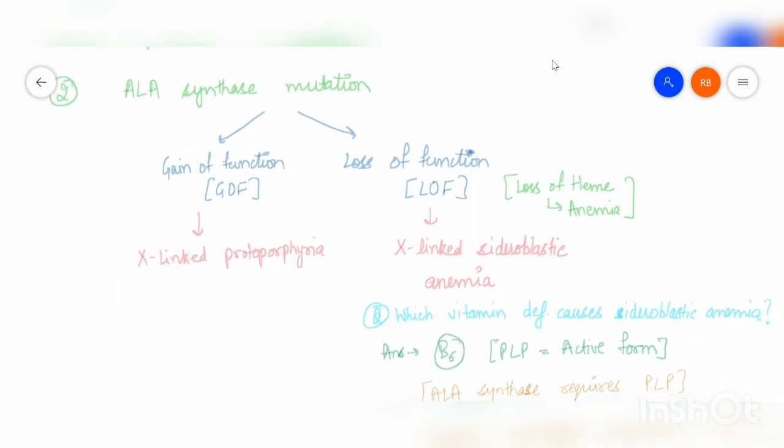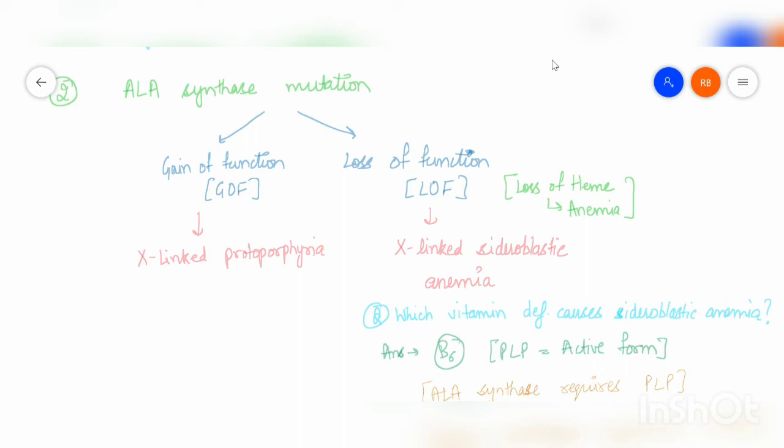So gain of function mutation is known as X-linked protoporphyria and loss of function mutation is known as X-linked sideroblastic anemia. You can remember it like this: loss of heme will cause anemia. So loss of function mutation of ALA synthase will lead to anemia, which is sideroblastic in nature.